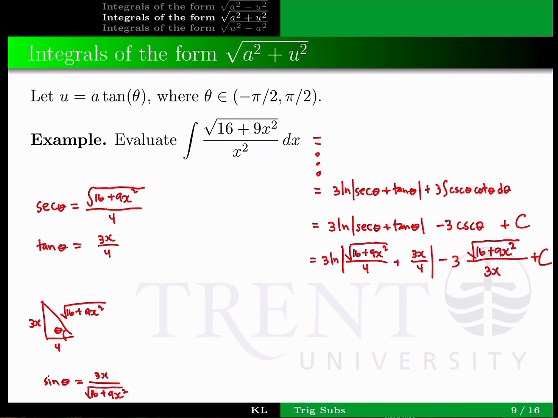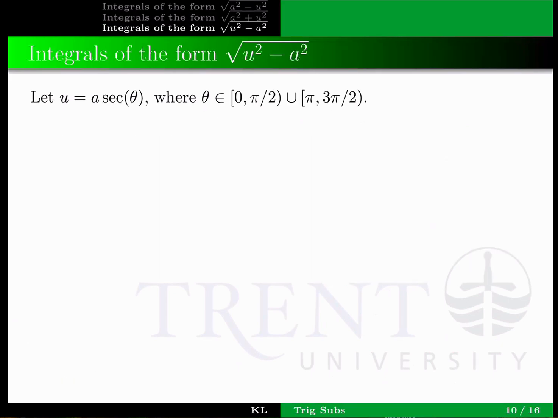And then finally, the plus c. So this is the final answer for this problem. Okay? So that's for the form a squared plus u squared.